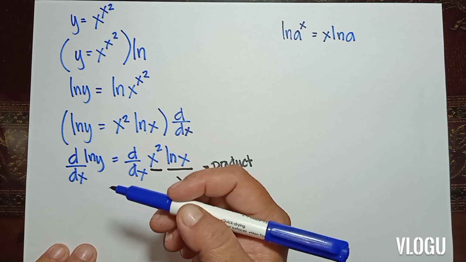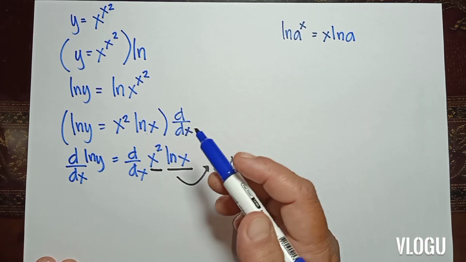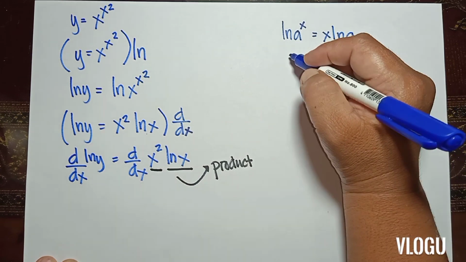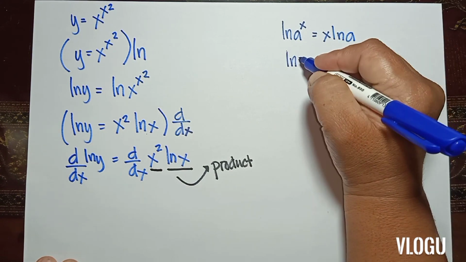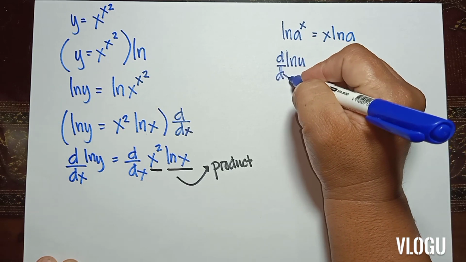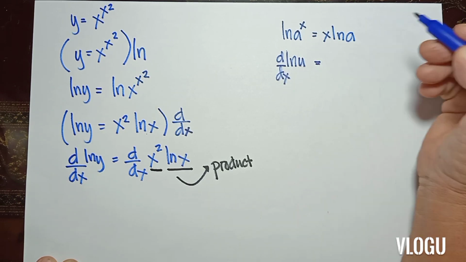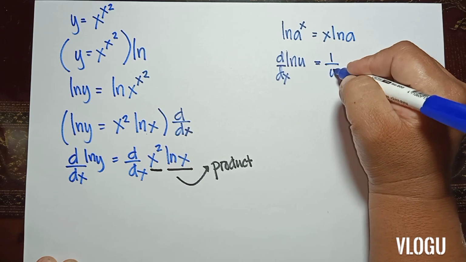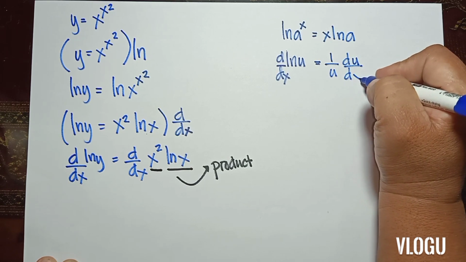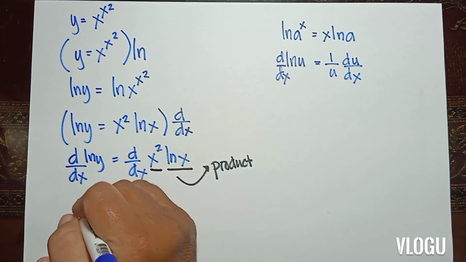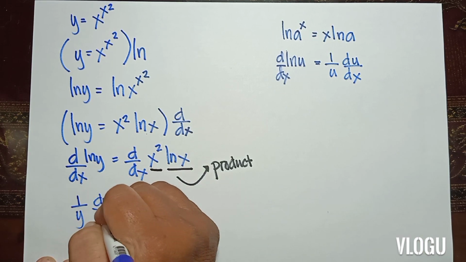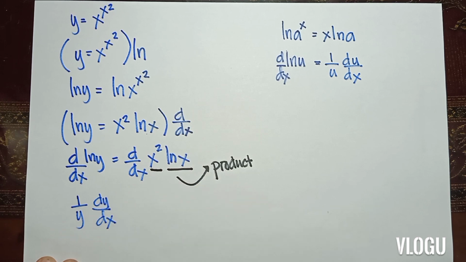derivative of ln of y. That is equivalent to, what is the derivative of ln of u? d dx of ln of u is equivalent to 1 over u du over dx. So, therefore, we will have 1 over y dy dx.